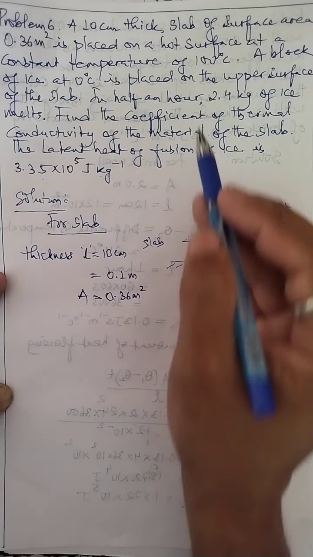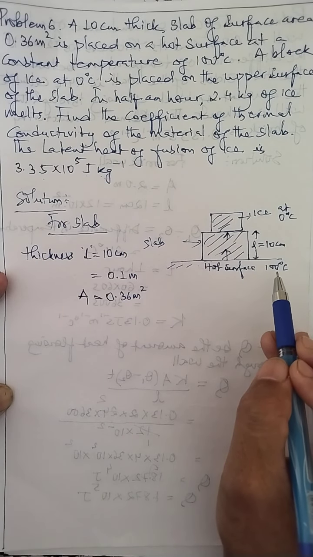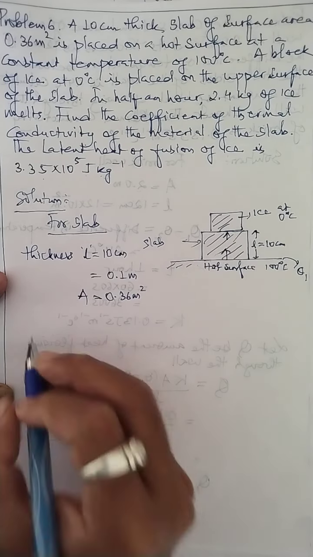The slab is placed on the hot surface at 100 degrees Celsius, which is θ1, the higher temperature.